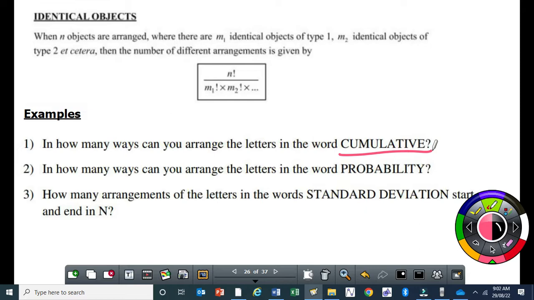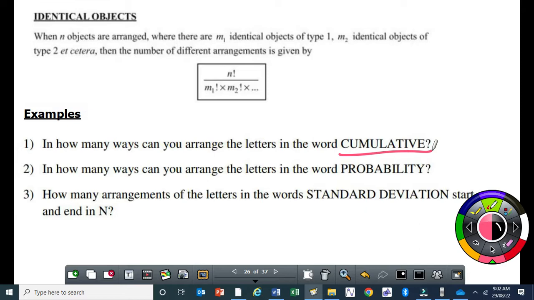If you have a word with identical letters, and you want to determine the total number of arrangements, or the total number of words you can form, you need to count the total of all the letters, then divide by the product of the identical letters in the word.